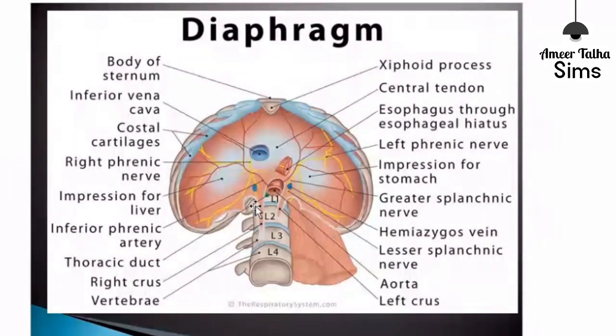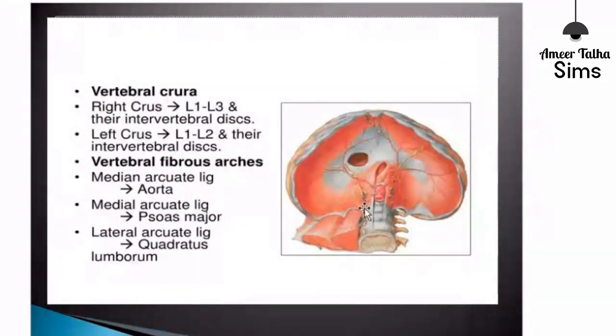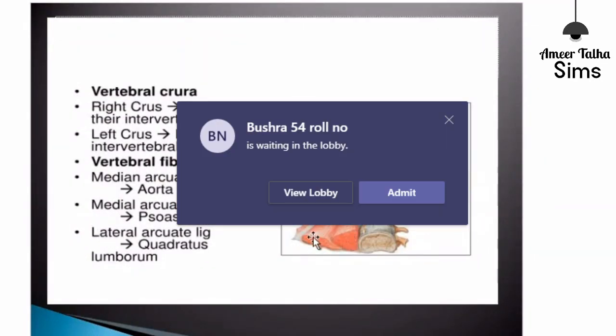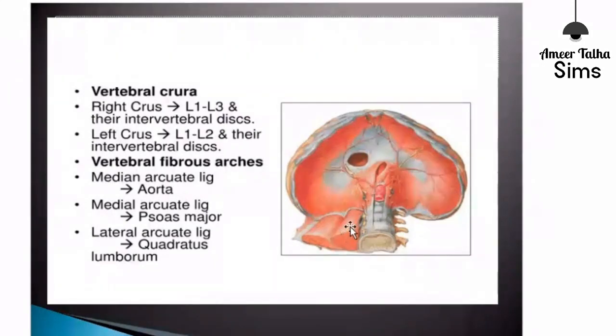You can see two muscles here. The lateral arcuate ligament is the tendinous arch in the fascia covering the quadratus lumborum muscle, which is the muscle of the abdominal wall.